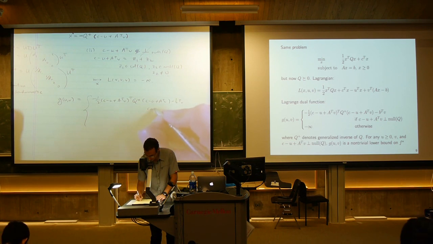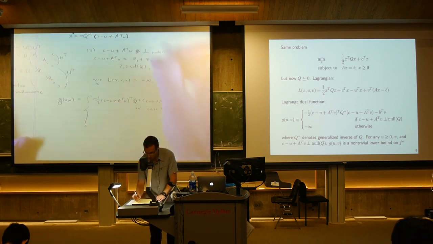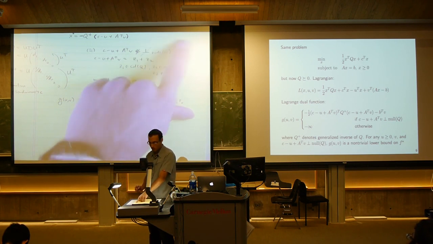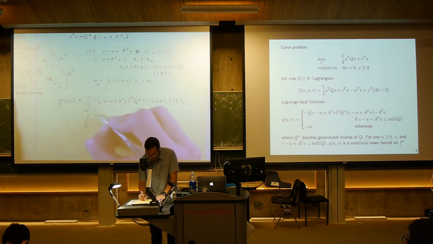In case 1, when U and V satisfy, this is actually like a series of equality constraints, right? I'm saying they have to be orthogonal to a linear subspace. And otherwise, it's minus infinity in case 2.